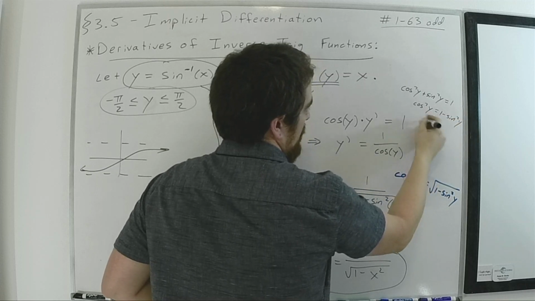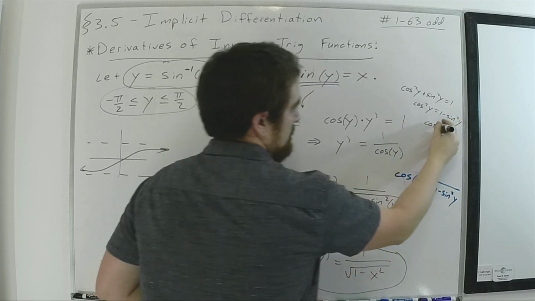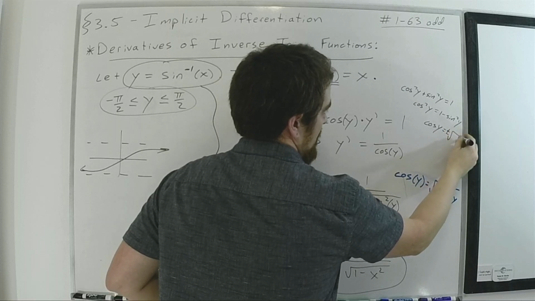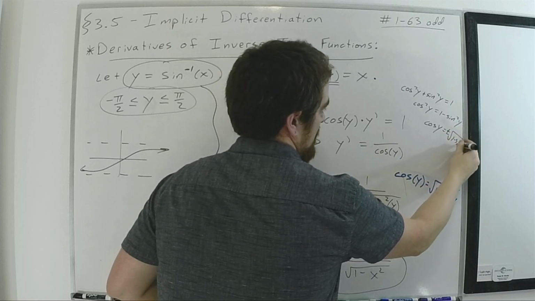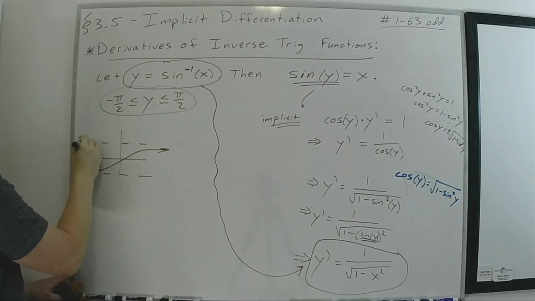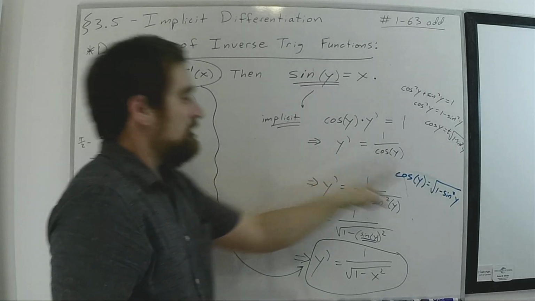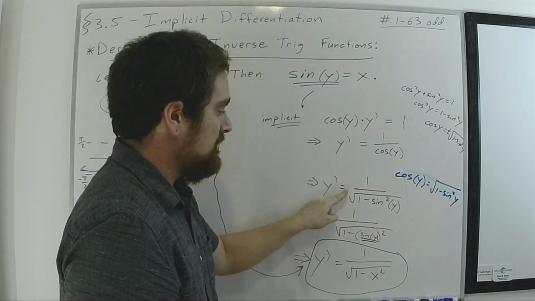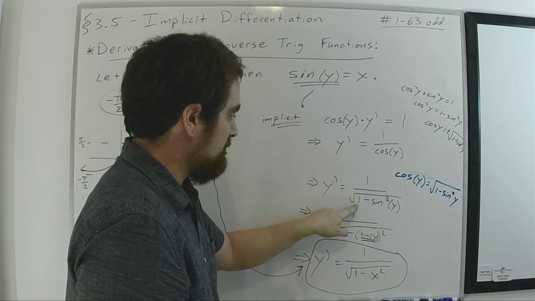And if you really want to get cosine of y isolated, you would get a plus or a minus square root of 1 minus sine squared of y until you hit this justification, and that justification comes from the definition of the inverse sine function. Then you're allowed to say it's just this one, not the positive and the negative, it's just the positive one.